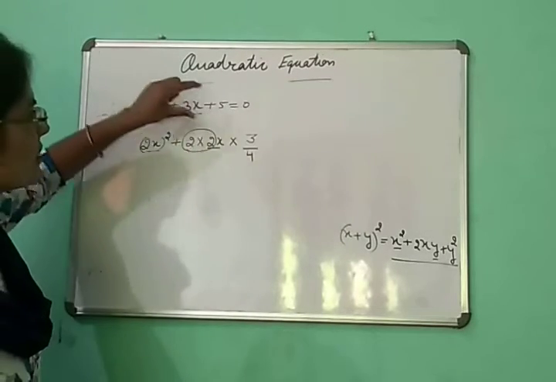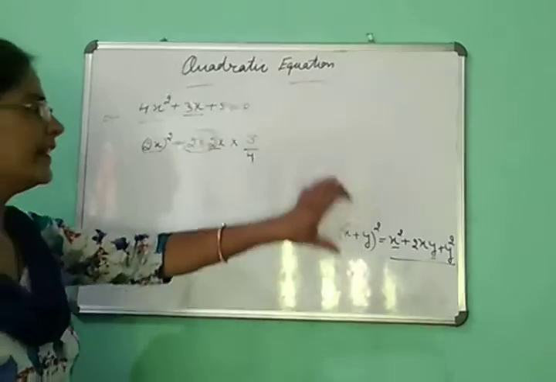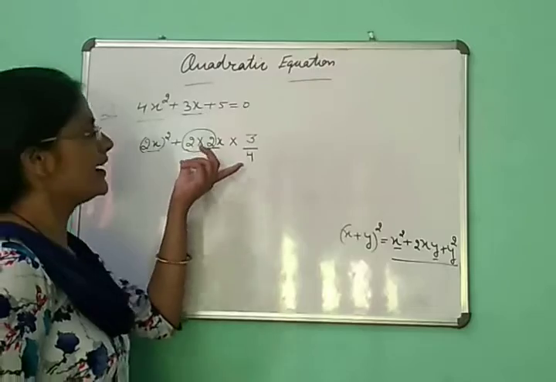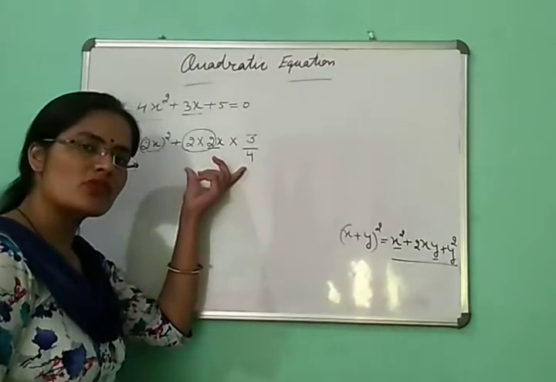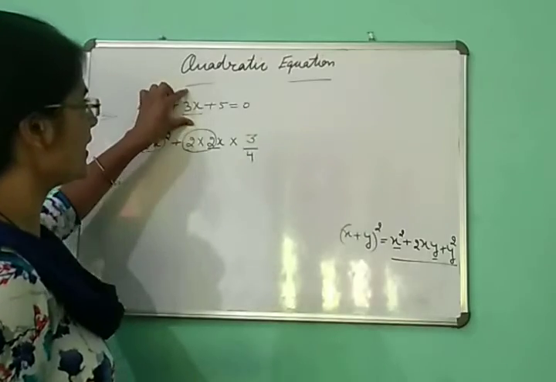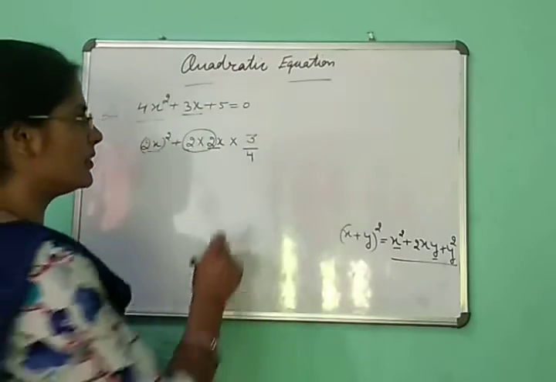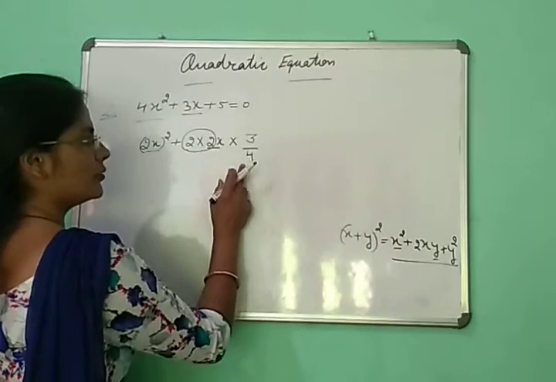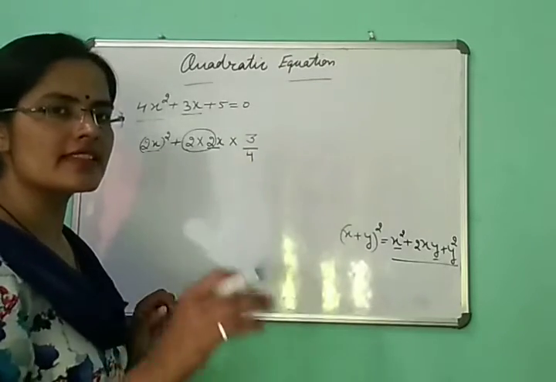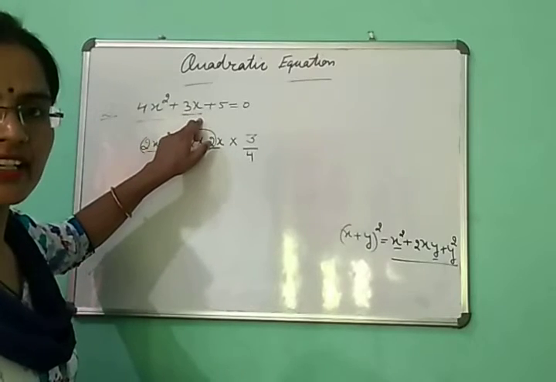Actually this whole term is only 3x. We can't add anything in our term; if we add, then we have to subtract. We can't multiply any term with any number; if we are multiplying, then we have to divide also with the same number. But here we have to make the term 3x.